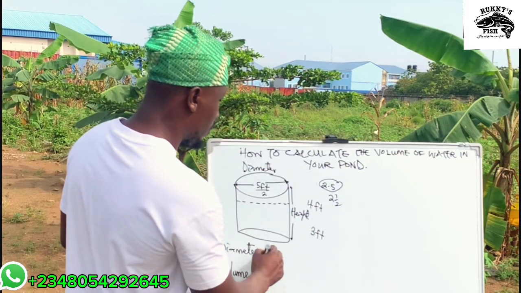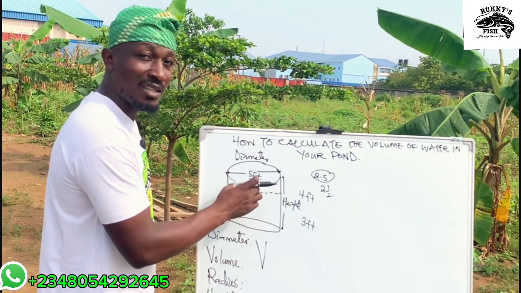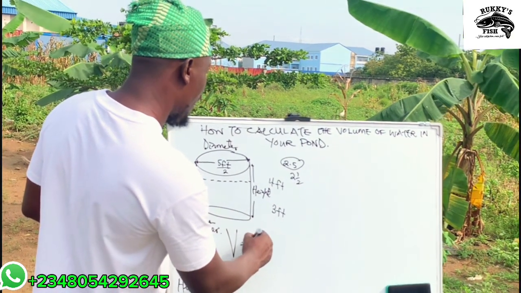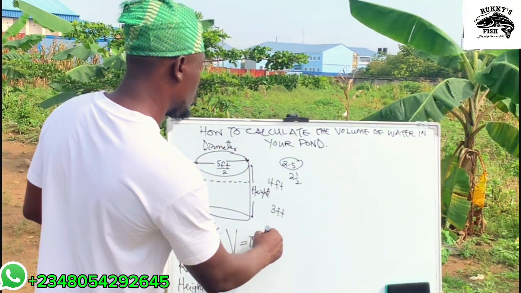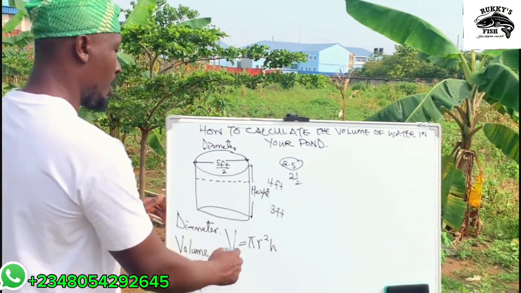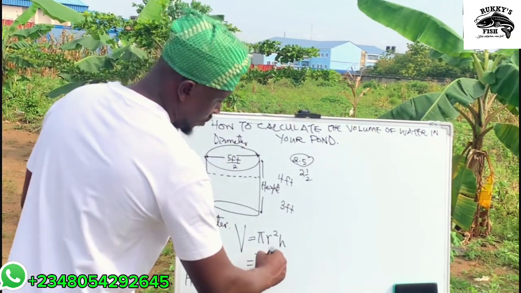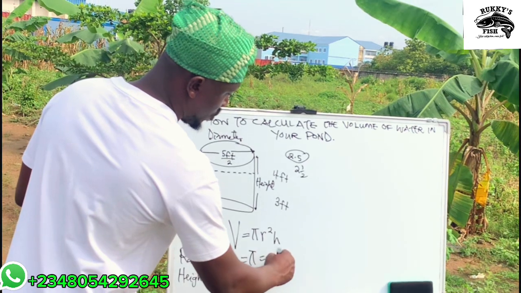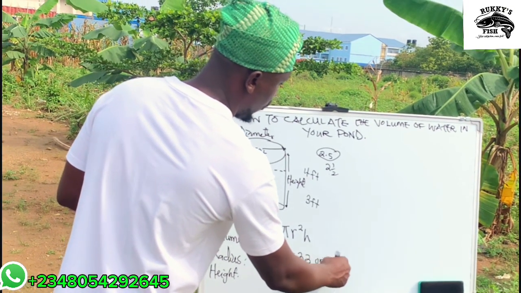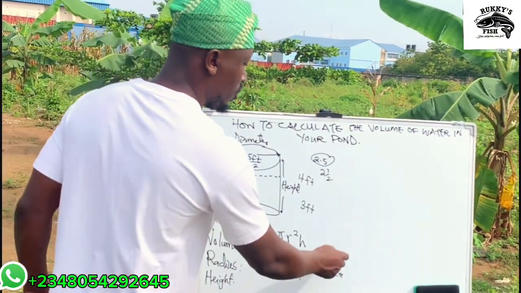Now the formula for calculating the volume of water in a circular pond is volume is equal to pi r square h. So this is the formula, where pi is 22/7 or 3.14. So we'll be using 3.14.